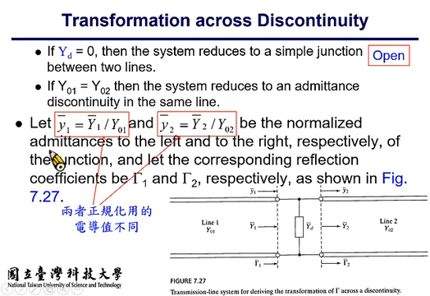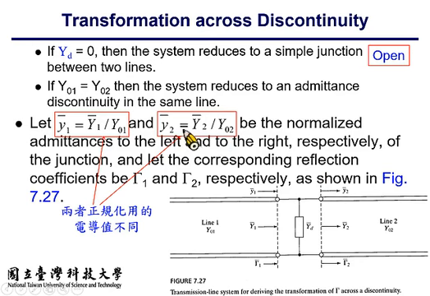So we are interested in seeing what is the normalized admittance looking from here to the right. Of course, here you see lowercase y2. That indicates the normalized admittance looking at the right of this dashed line.